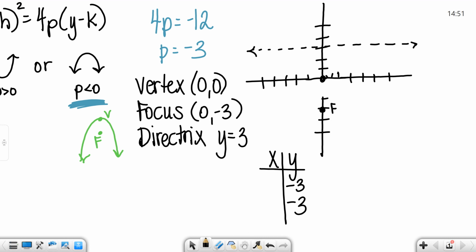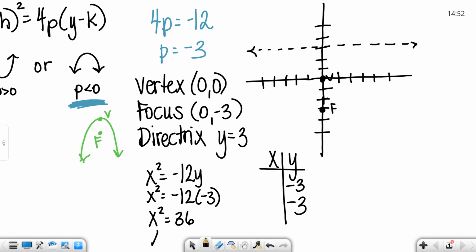All right. That was my vertex. Okay, so I'm going to take my equation. Remember, my original equation was x squared equals -12y. And I am going to plug in -3 where there's a y value, the same thing as my focus, -3.